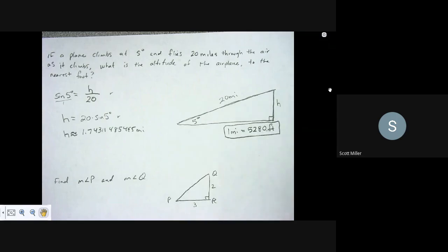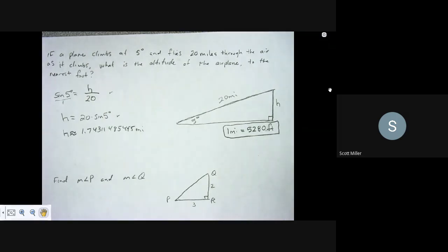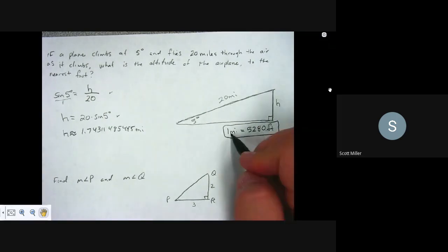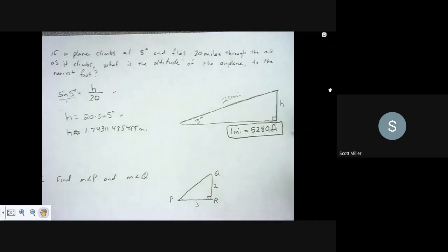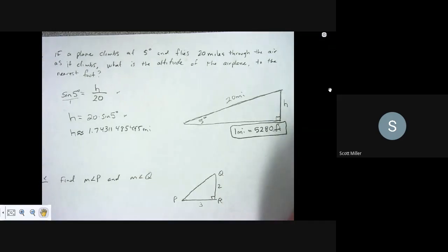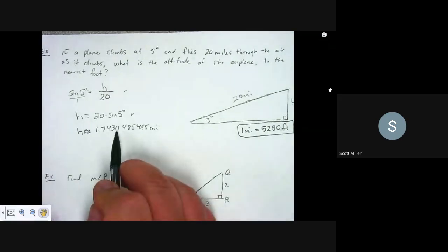This is a conversion ratio. These are equivalent values. Just like in fractions, when I want to change a fraction to an equivalent fraction with a different denominator, we multiply the top and bottom by the same number. We're going to do the same thing here.